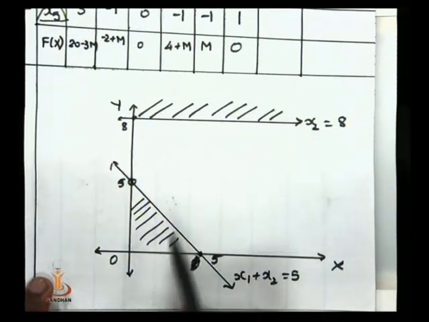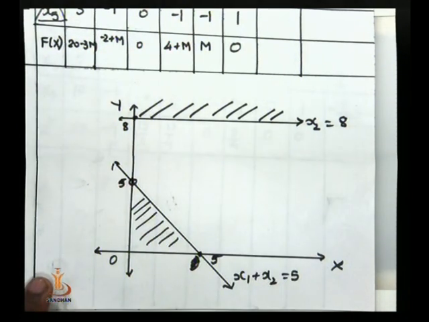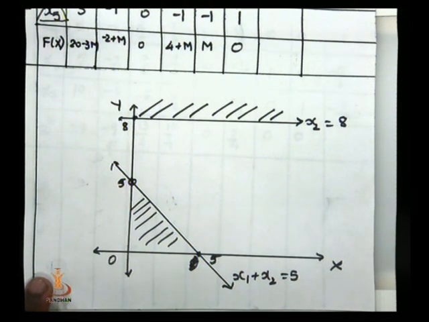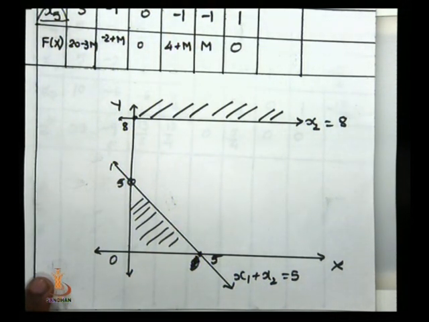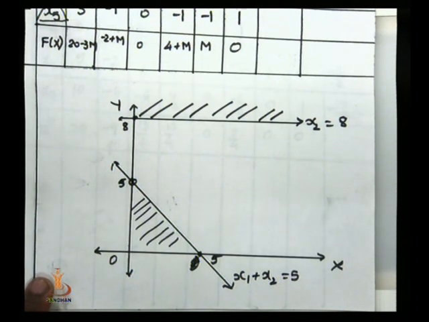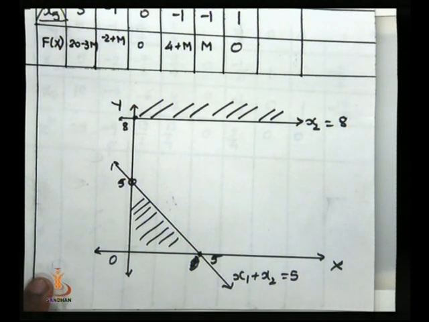So there is no common region. Such a situation is called an infeasible solution. Infeasible solution means we will not get any values of the variables x1, x2, x3, whatever are there, which satisfy all the equations simultaneously. Here there is no value which satisfies all the equations. So this situation is called infeasible.